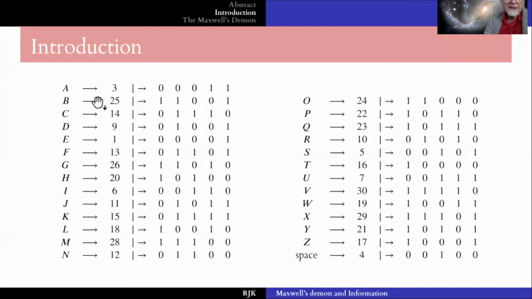The B is the equivalent of 25. So 1 plus nothing times 2 plus nothing times 4 plus 1 times 8 gives us 9 plus 1 times 16 gives us 25, and so forth for all of these.